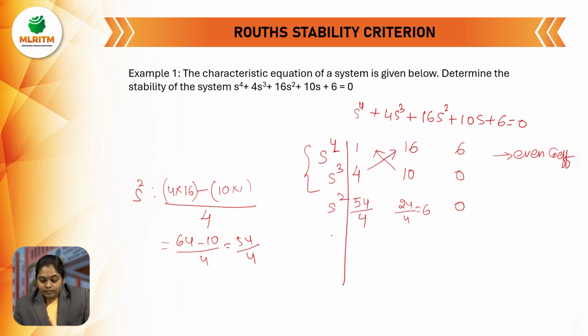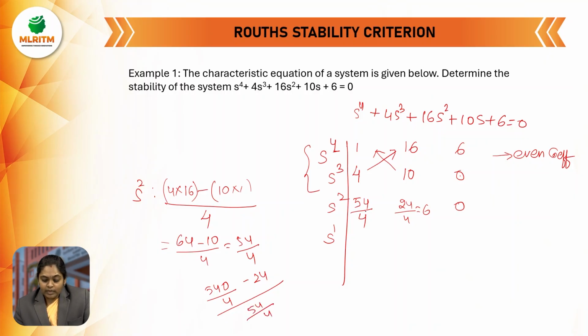Similarly, in order to calculate this s power 1, I follow the same procedure: 54 by 4 into 10 minus 6 into 4, 24. So 54 into 10 is 540 by 4, minus 24, divided by 54 by 4.